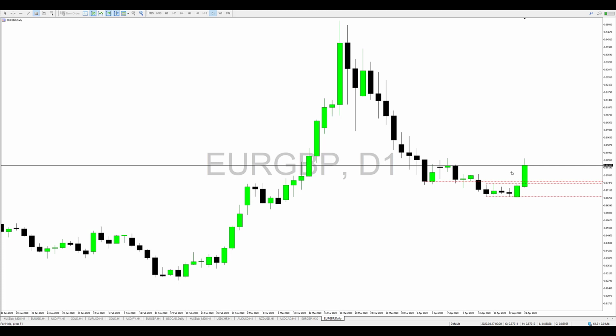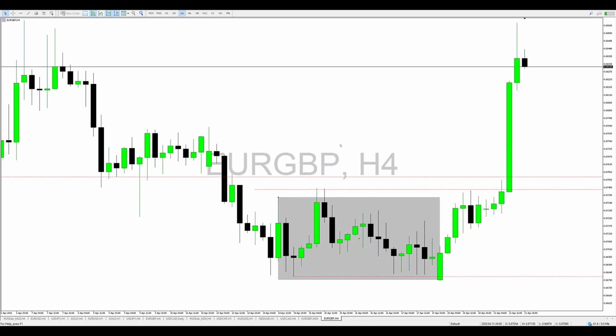So our range is basically this area that we are looking at. Okay, let me make this precise. Now I'm on a daily chart. I'm going to jump straight to an H4 chart, because now I need to be more precise with my range.